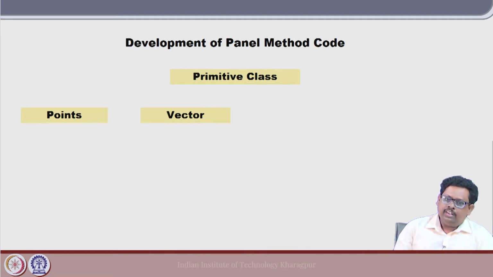Vector. Now, vector also you understand, it is again a very basic thing that you need, because let us say you try to find out the area of a quadrilateral panel. We discussed that you define a vector between the x 1 and x 2 points, and again you define a vector between the x 1 and x 3 points, and then you do the cross product, and then you take half of the cross product.